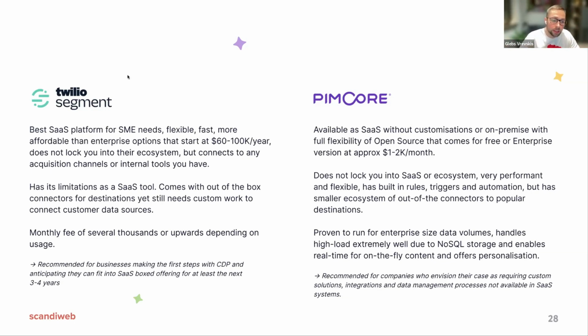Twilio Segment is like Shopify in terms of CDPs. If you're just stepping into CDPs and you don't need much customization and you don't want to invest a lot into enterprise solutions, it can be the right option for you.